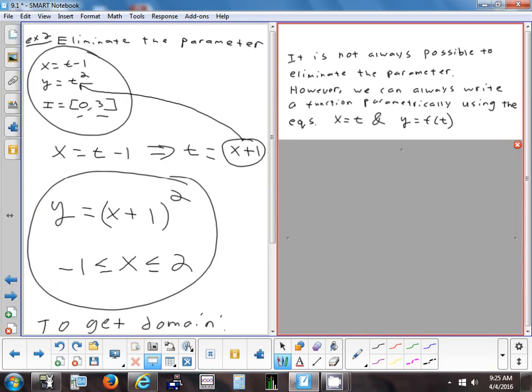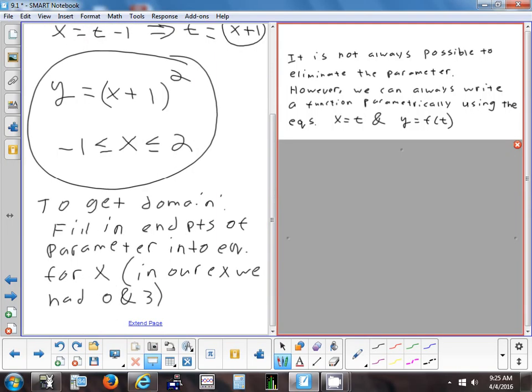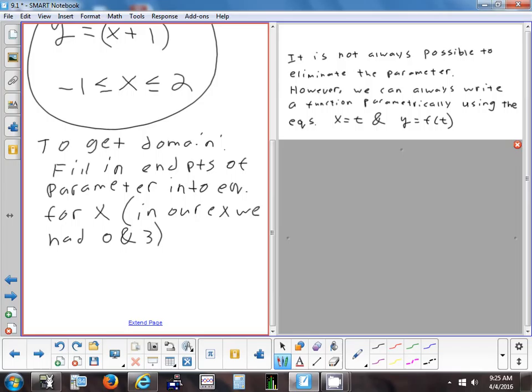Let me take the equation I just circled, this final answer, and show you a way I can make this parametric that's not even as complicated as the original. Let me just copy it over: y equals x plus 1 squared.